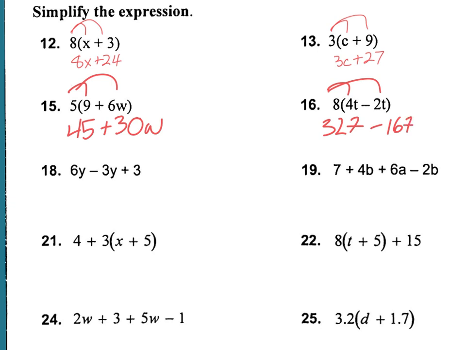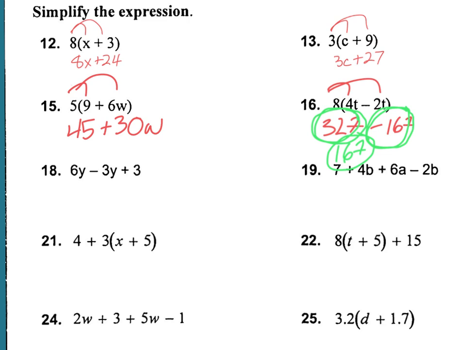Now, this is where you need to listen. This is a 32t, and this is minus 16t. They are in the same family, so we can combine like terms here. So what is 32 minus 16? Well, it's 16t. That is my answer. So if it is in the same family, we have to look for combining. So don't forget that. Let's take a look at number 18.